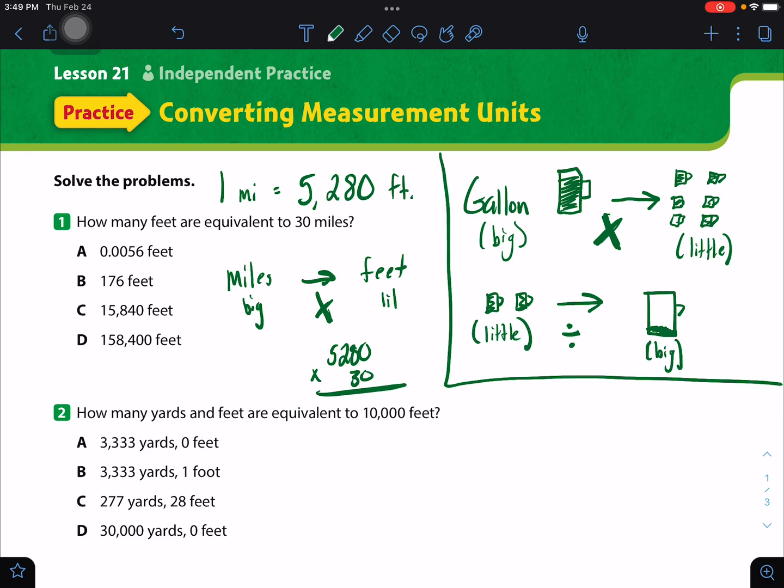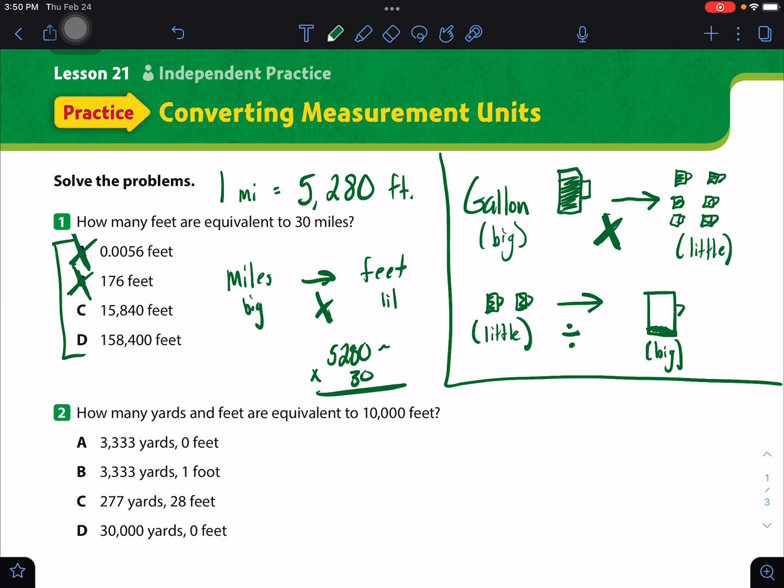Well, when you look at multiple choice answers, and they're all so separate, you can quickly figure out some reasonable and unreasonable answers. If I'm multiplying 2 whole numbers, my answer definitely shouldn't become a really small decimal. My answer still shouldn't get smaller than 5,280, so it's either got to be 15,000 or 158,000.